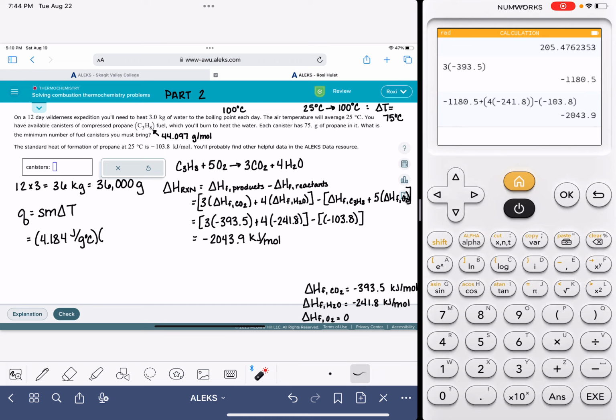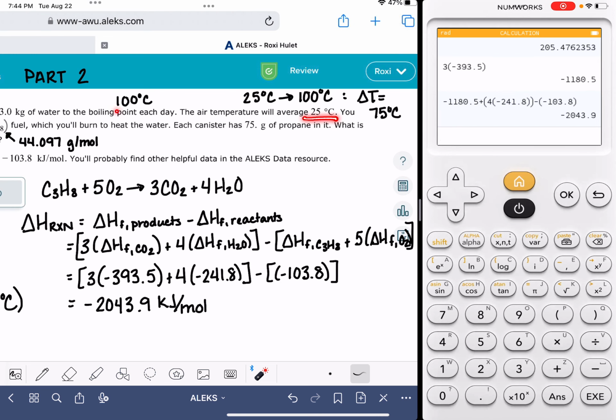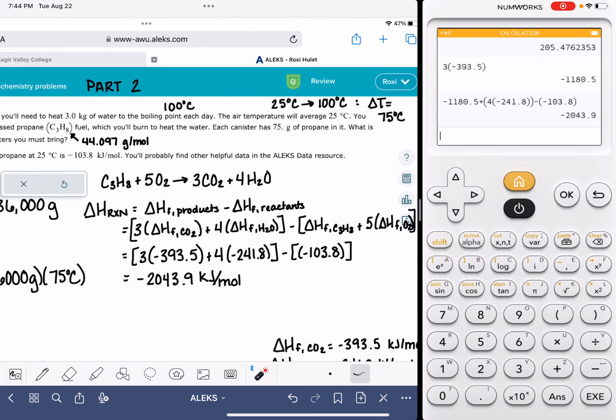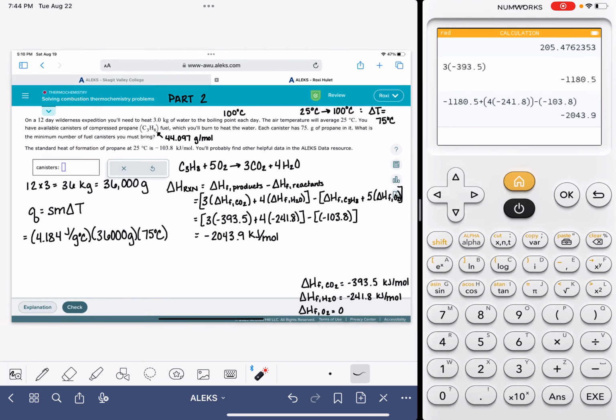The mass of the water that we're working with is 36 kilograms or 36,000 grams. And that temperature change is 75 degrees Celsius, changing the temperature from 25 up to the boiling point. Your problem may not be starting with 25, but you're going to be able to calculate your own delta T based on your starting temperature, the boiling point of water being 100 degrees C.